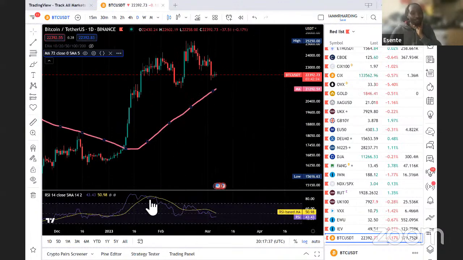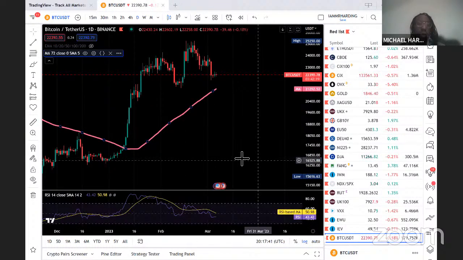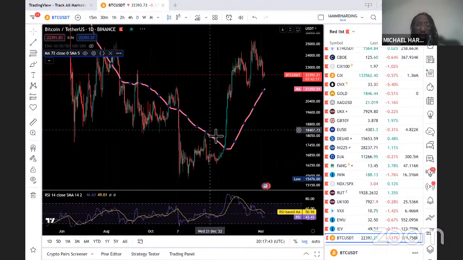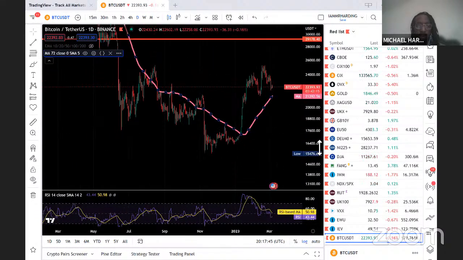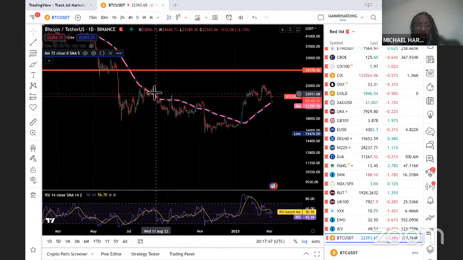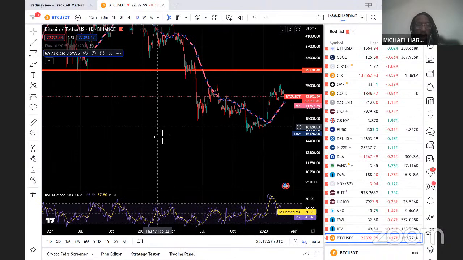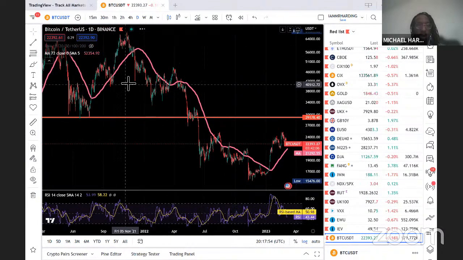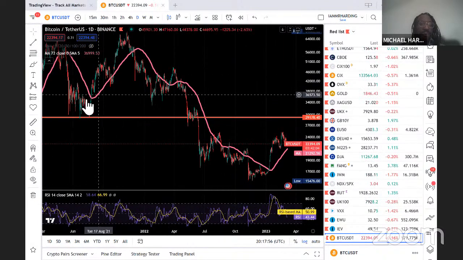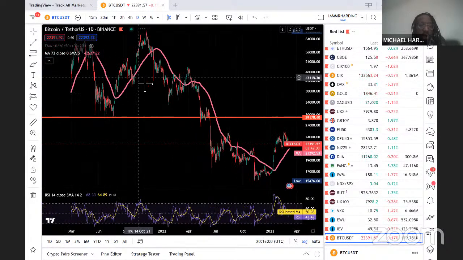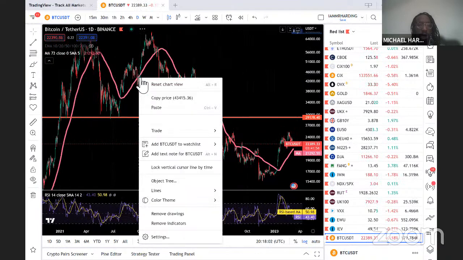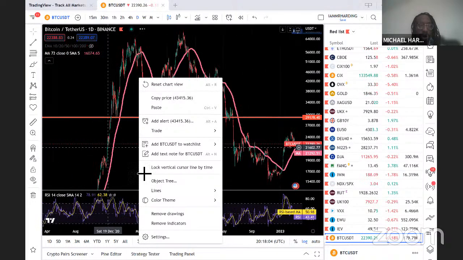But let's go to Bitcoin and see what we can see here. On the 72 on Bitcoin, we can see that we've been below the 72 for a while. You can see it was only temporarily above it, and that was in July 2021. Oh, actually, no. Before then, it was above it.